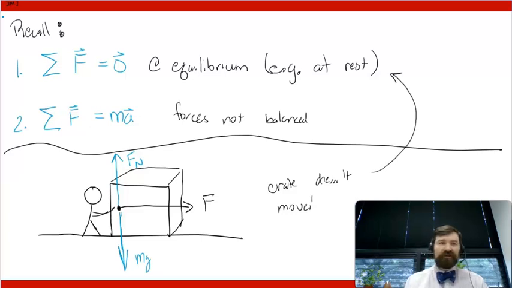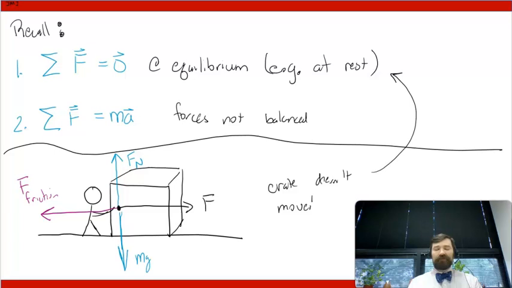The implication is that there must be some other force present in the horizontal direction opposite the direction that I am pushing. This must be a friction force. So friction is what prevents this large object from moving. The fact that the object is very large means that even without friction it may not move with very much acceleration, but we need another force like friction to prevent it from moving at all.